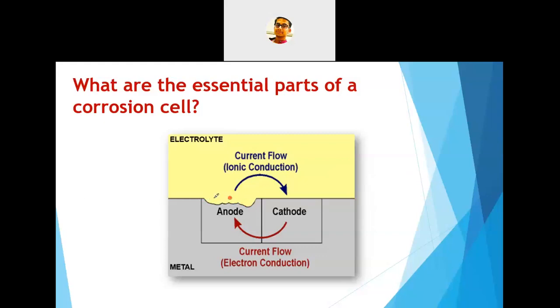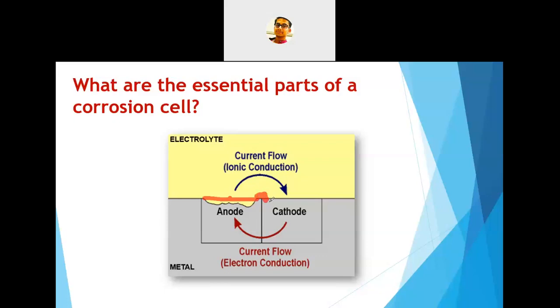So you can see here the metal surface was like that, and it has been corroded. So you will find the corrosion in the anodic part. So from this anode, the electrons are getting transferred to the cathode, and in this anode and cathode interface, you can see that the ions are getting transferred, and the rust is getting formed in the cathodic side.